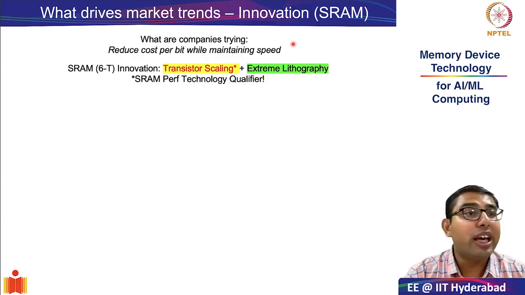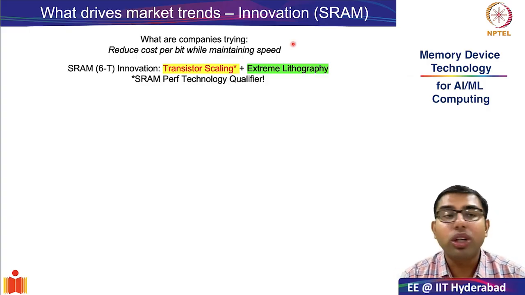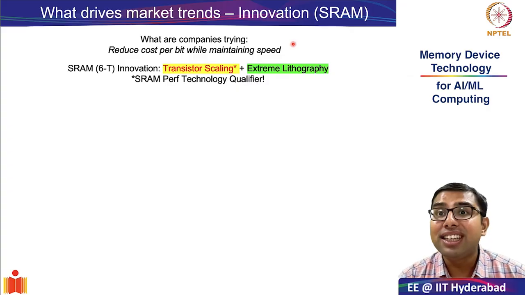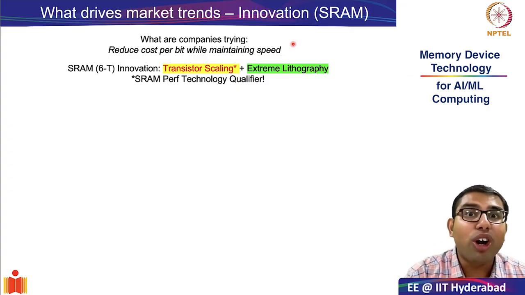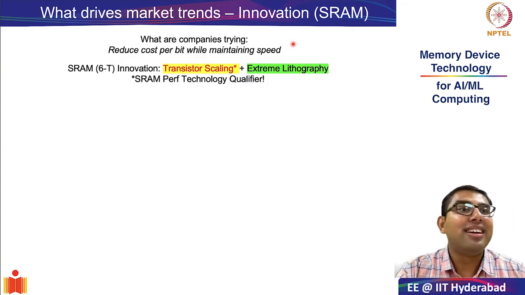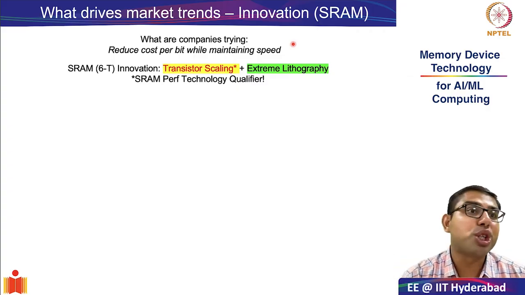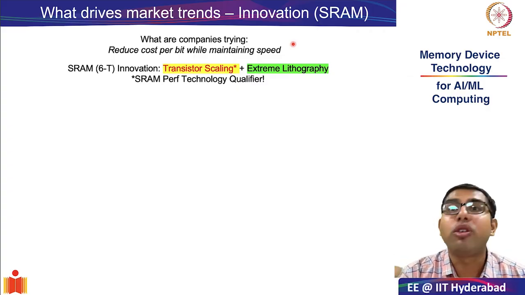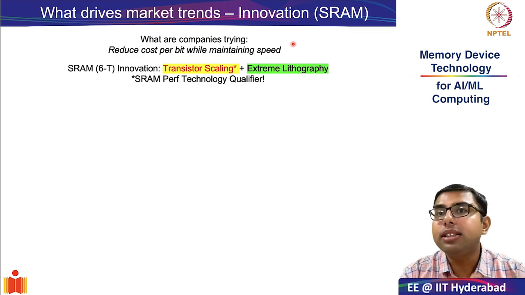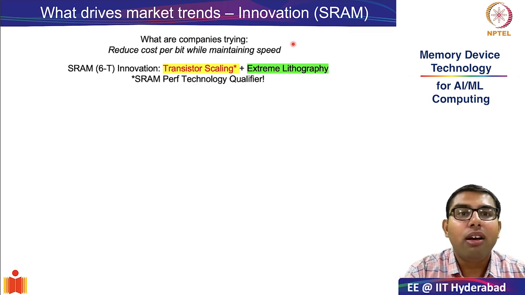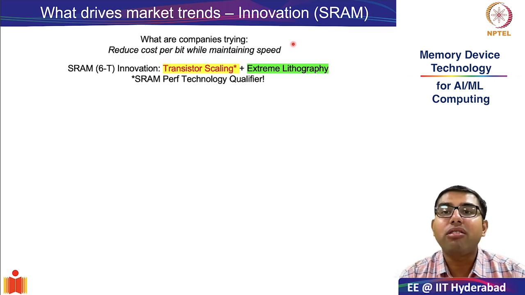So just as we have been appreciating throughout the course, there are no free lunches. Once you start optimizing on one end, you have to make sure that another parameter doesn't go out of bounds, right? So let us understand the story of what drives market trends.